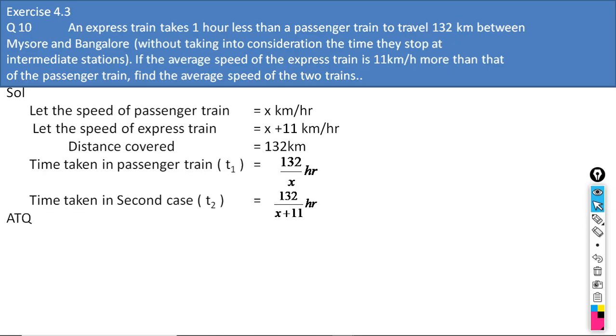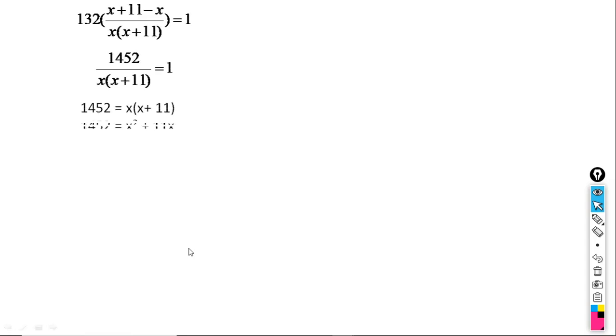According to the question, the difference of time is 1 hour. Since the speed of the passenger train is less, it will take more time. It means T1 is greater here, so T1 minus T2 is 1. By substituting the values, you will find the value of x by framing a quadratic equation.